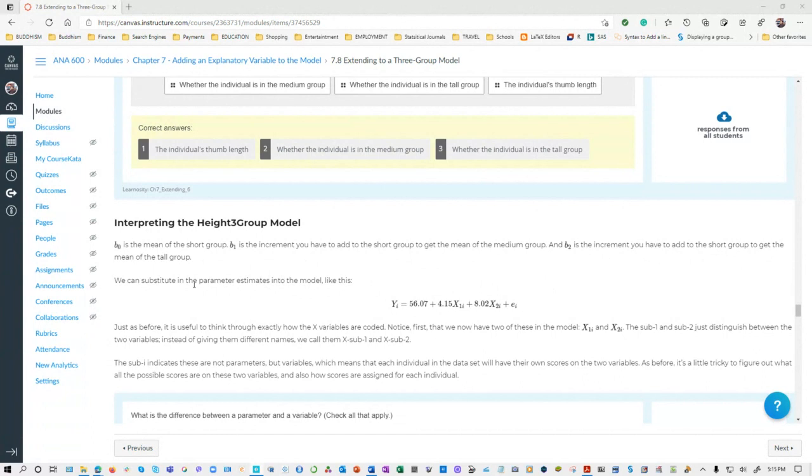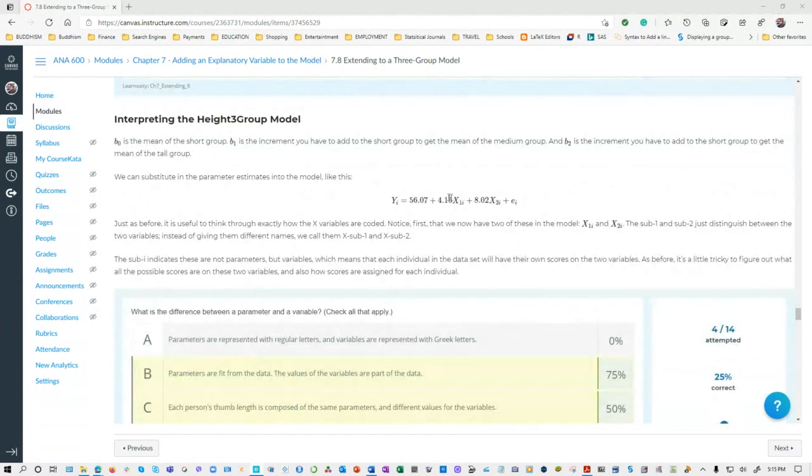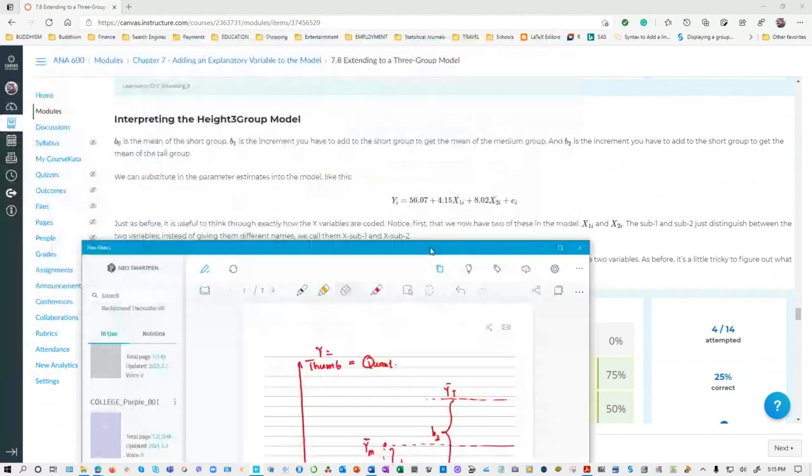Right there. We can substitute the parameter estimates in the model like that. Then you have this guy, this guy, and that guy. So as I said, if you want short people, you go ahead and write down the model.